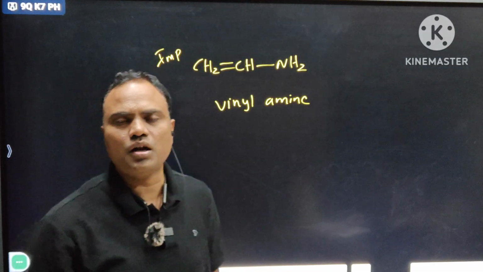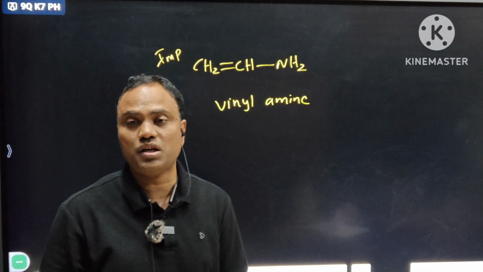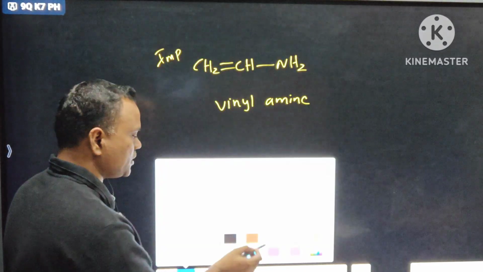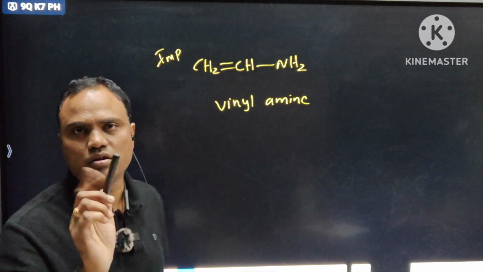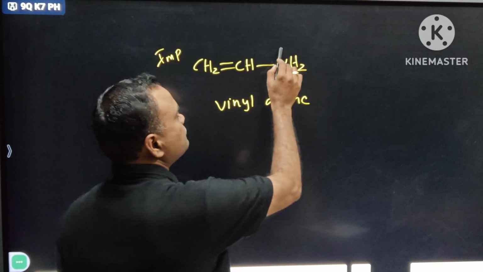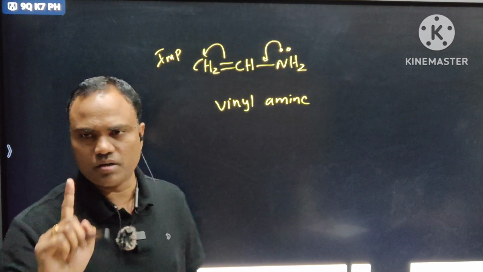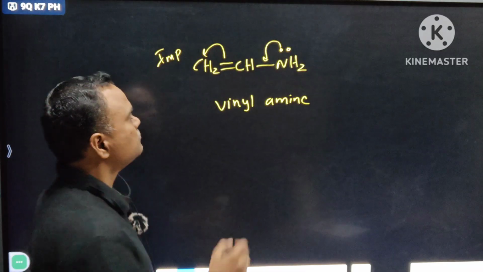In vinyl amine, the nitrogen lone pair participates in resonance. I use this statement in the basic nature concept. Clear? Remember, nitrogen lone pair participates in resonance in vinyl amine.